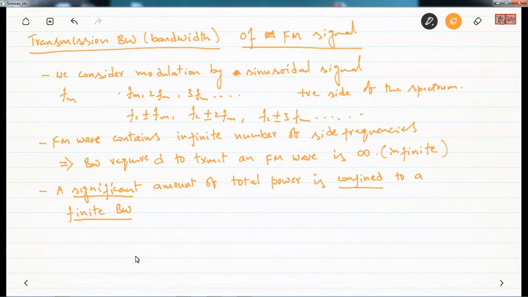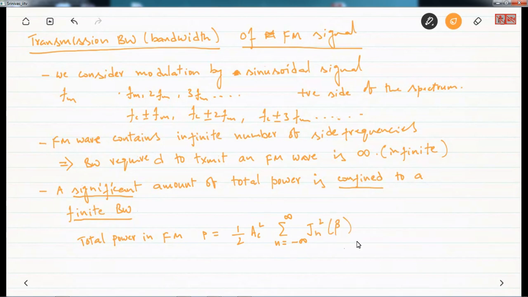So what do I mean by that? Say the total power in the FM signal, P, is equal to half Ac squared, sum over n equals minus infinity to plus infinity of Jn squared of beta.